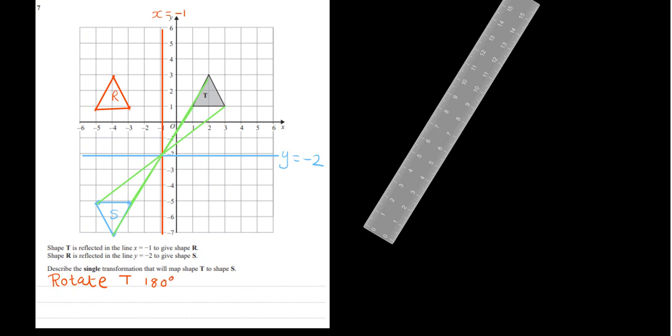When you rotate 180 degrees, you don't need to mention clockwise or anti-clockwise, because 180 degrees clockwise or anti-clockwise is the same. But I'm doing it just in case you have to rotate another sort of angle and you forget the clockwise or anti-clockwise direction. And the coordinates are -1, -2.